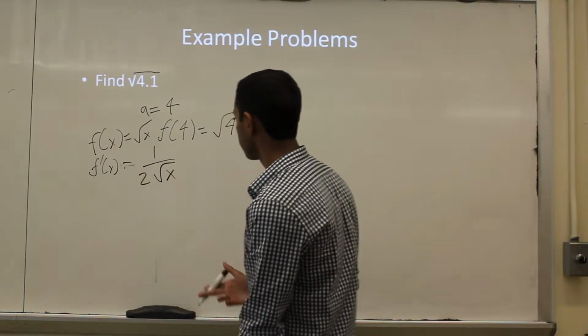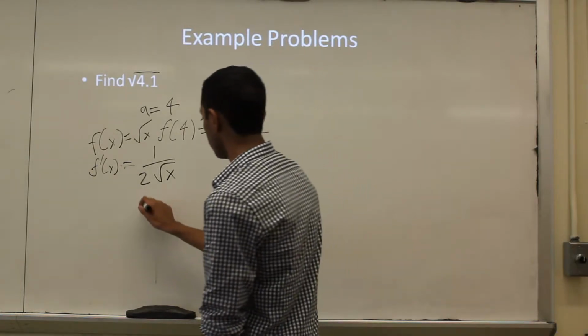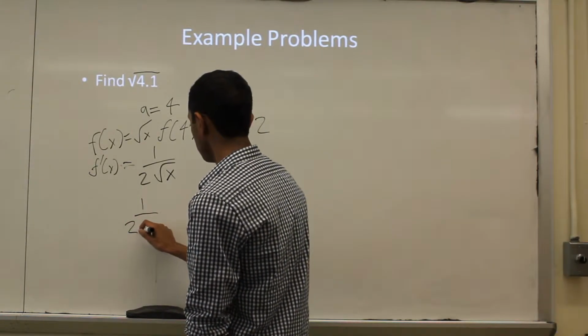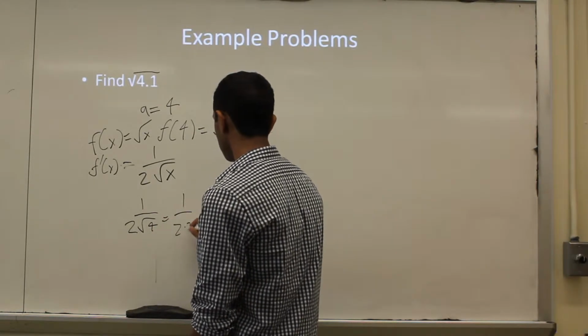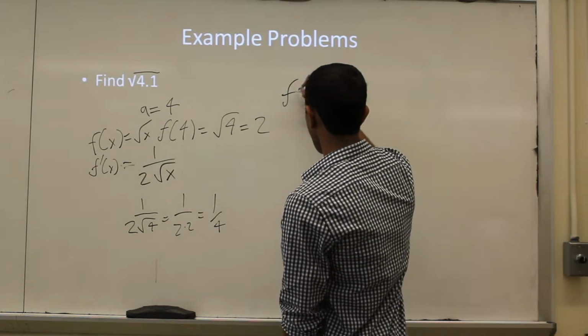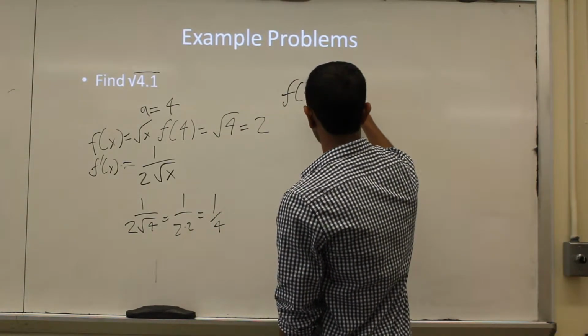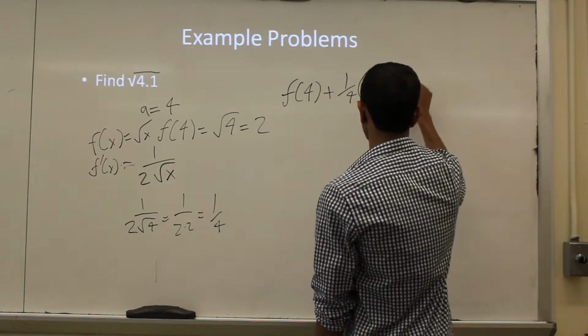That's the formula, using the power law. So knowing that, you have 1 over 2 root 4, which is 1 over 2 times 2, which is 1 over 4. So now you have f of 4 plus 1 over 4 times b minus a.